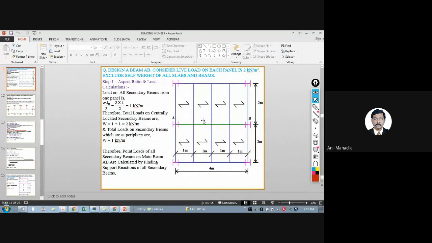Now I ask you one question. Let's say this slab is also giving restraint to this. Suppose I am putting a shear connector here. Now tell me what sigma BC permissible you will take. If there are shear connectors connecting the slab to this beam, what will be this value?